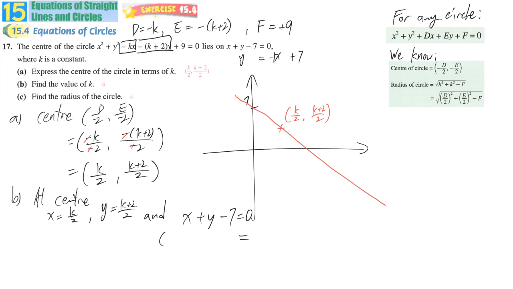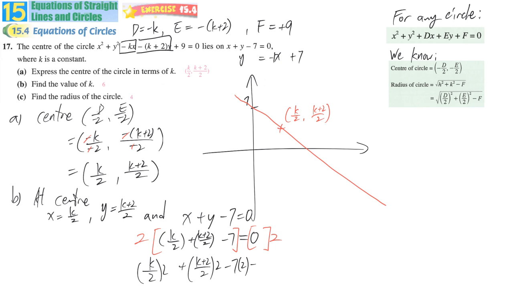So, we can replace x and y by k over 2 and k plus 2 over 2. We just need to handle this very carefully. I hate fractions, so the whole left-hand side of the equal sign and the whole right-hand side, times 2. Therefore, we have k over 2 times 2, k plus 2 over 2 times 2, negative 7 times 2 equal to 0 times 2.